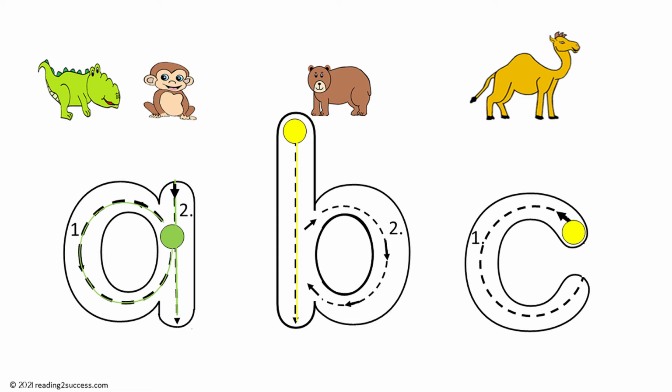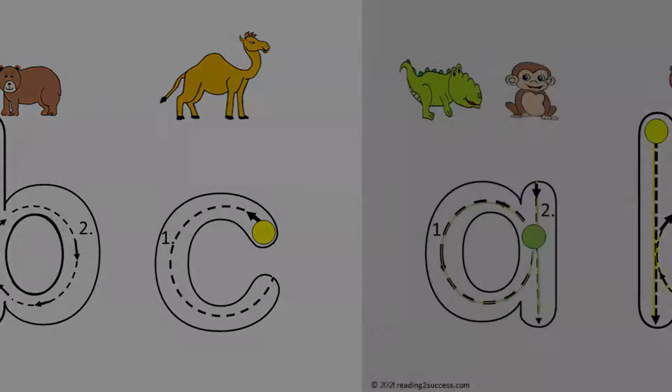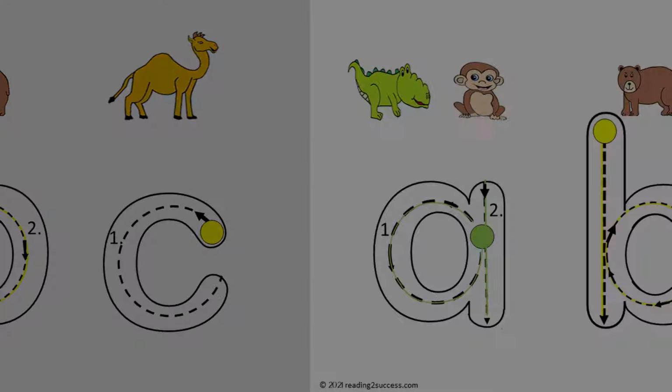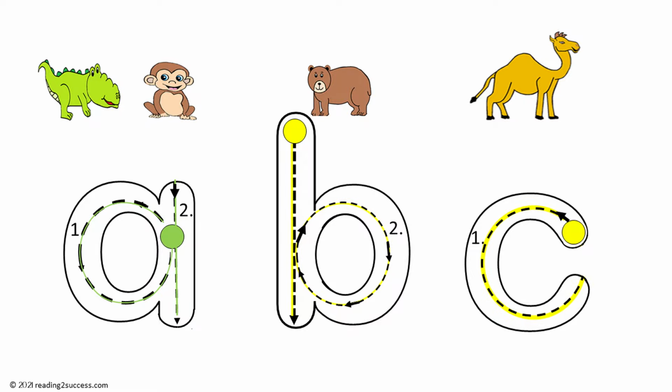Now have kids trace the letter B, starting at the yellow dot and tracing down the straight line. Now have them trace on the curve beside the number 2. Now for the letter C, have them start at the yellow dot and follow the curve all the way to the end.